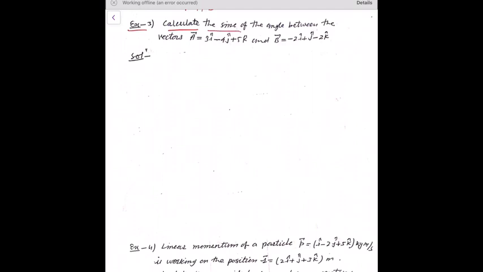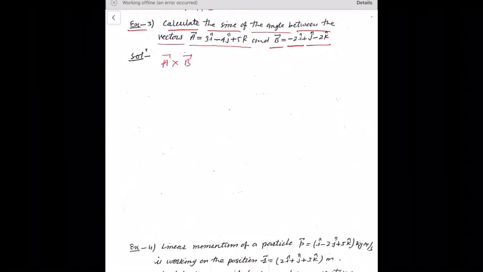Example 3. Calculate the sine of the angle between the vectors A vector equal to 3 I cap minus 4 j cap plus 5 k cap and B vector is equal to minus 2 I cap plus j cap minus 2 k cap. So first you write in determinant form.